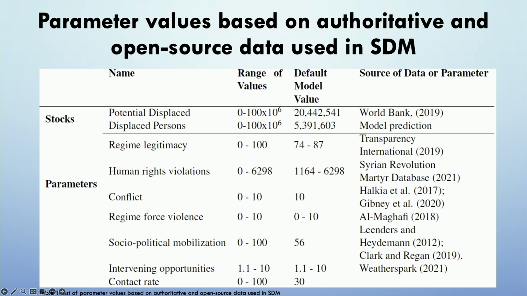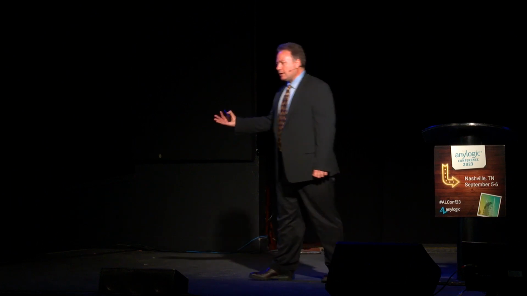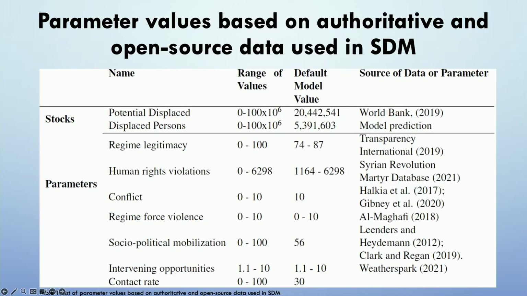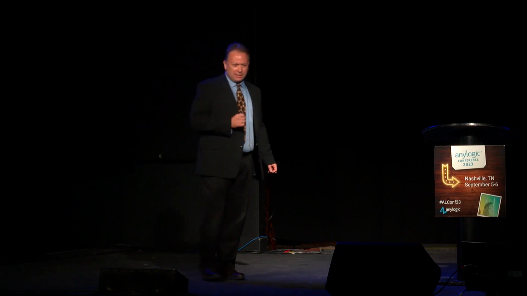So you have a push-pull dynamic that is reflected within migration. The push is the violence. Human rights violations, that's one of the largest push factors that are out there for migration. Intervening opportunities, that's a difficult one though. Intervening opportunities is how you can make things easier or more difficult when people are being moved from one location to another.